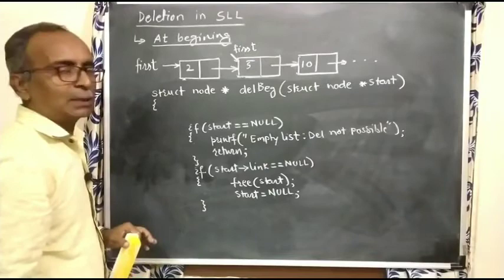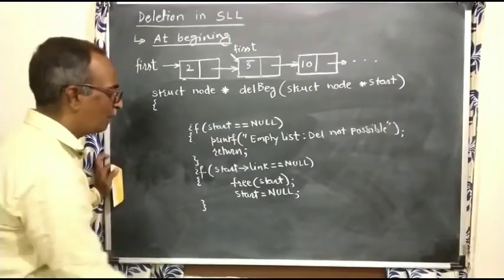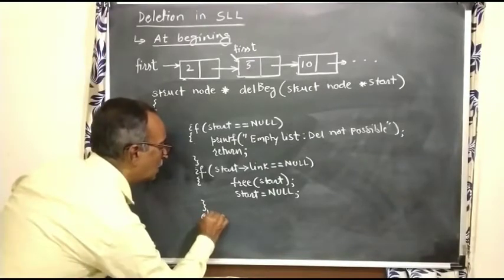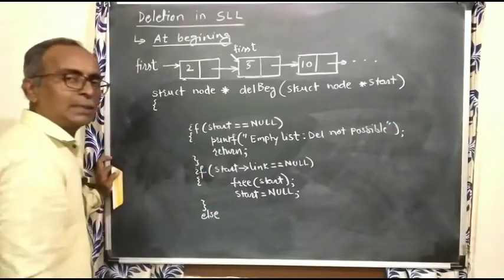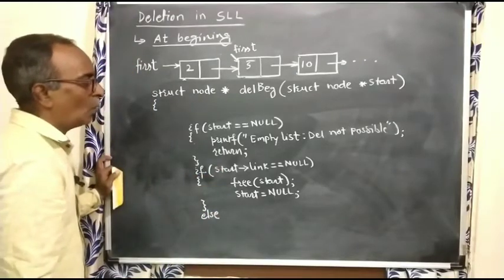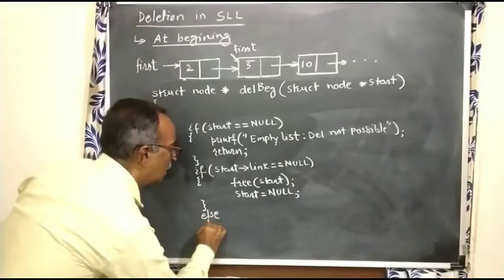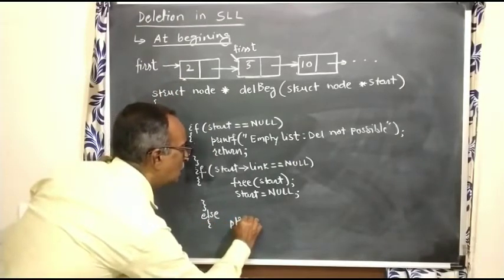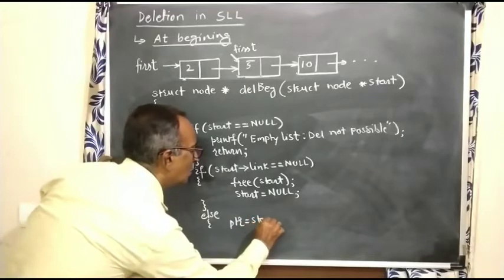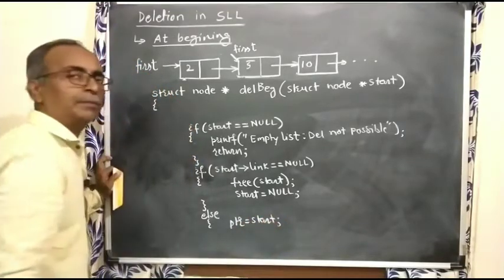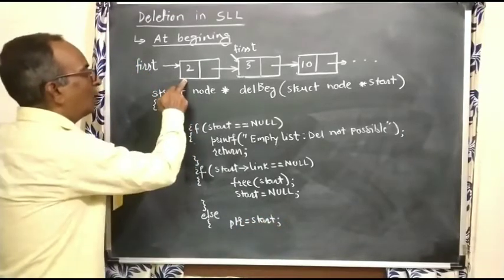Else part for this. What will be the else part now? Else, if this is not the case, what we store is this node's address. ptr is given start. Why are we doing this?